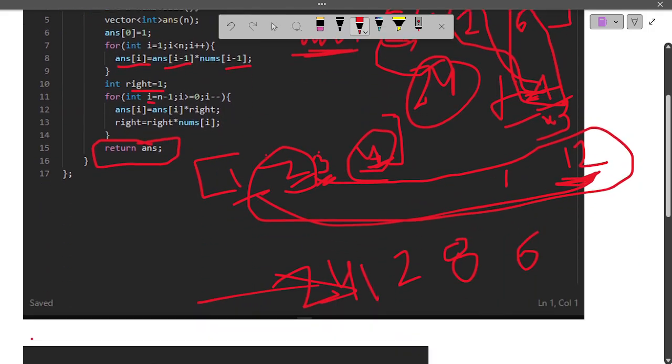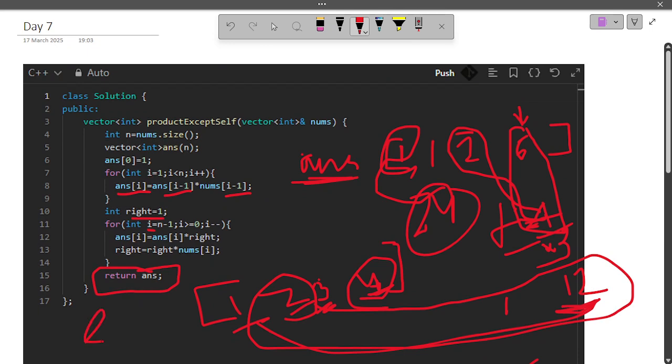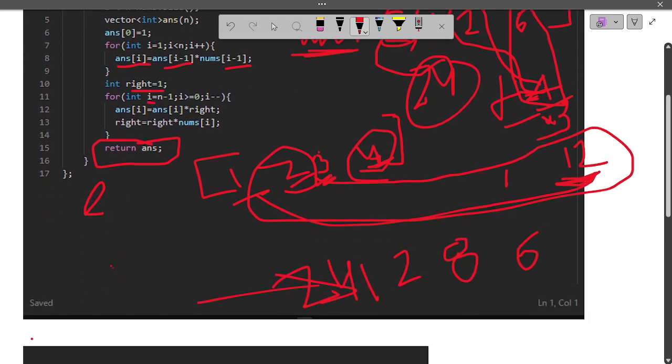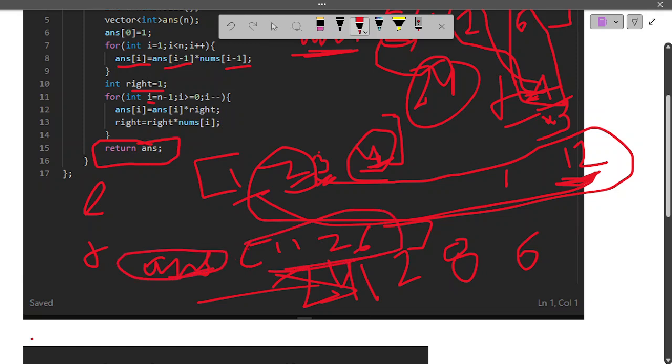Basically here, instead of taking two arrays left and right, we take one answer array. Here we first execute for the left array, so we get the left array answer. After that we update the same answer array to get the left times right.